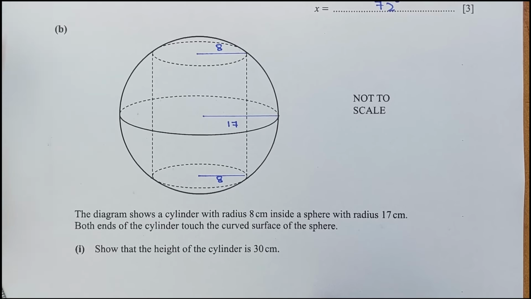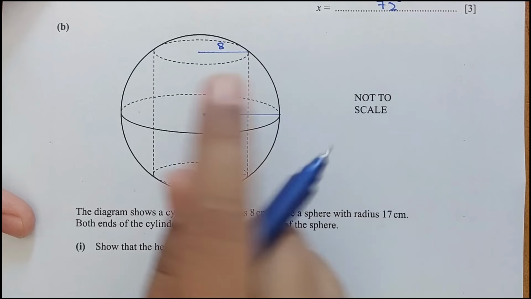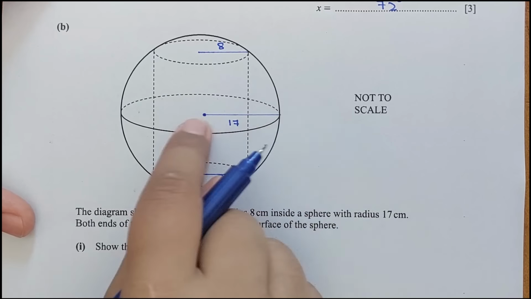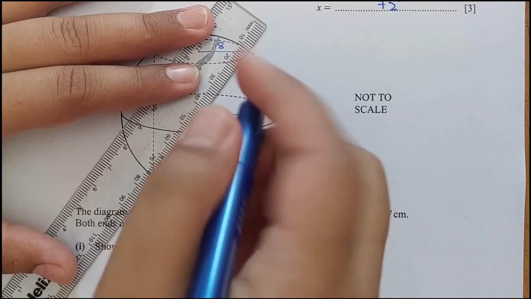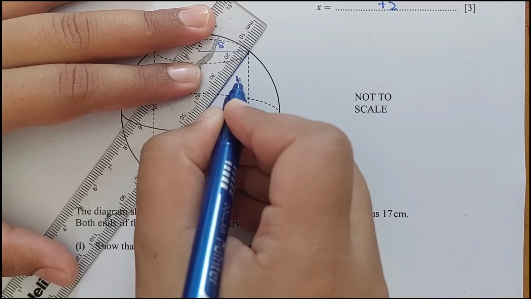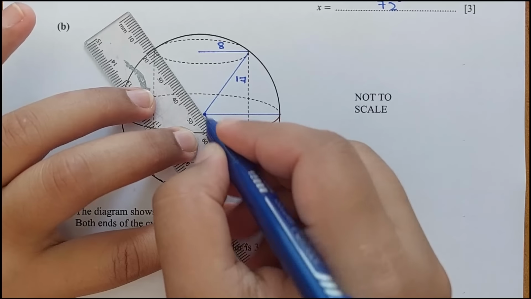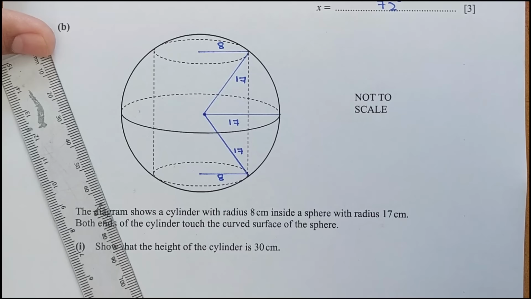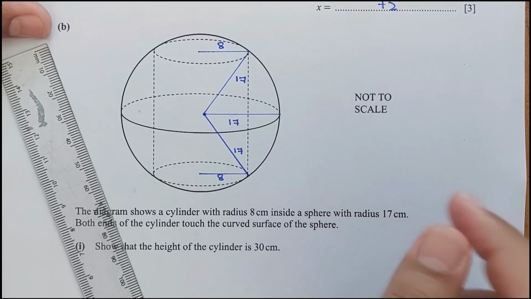As you can see, this is the center of the sphere, and from the center to the surface is the radius, 17. From the center to any point on the sphere is the radius.